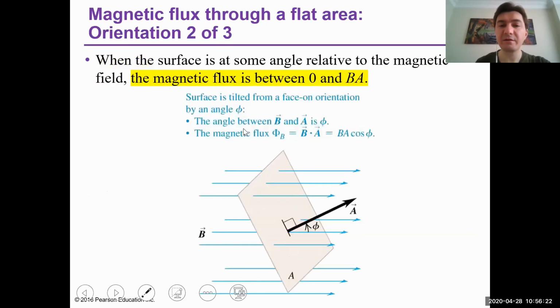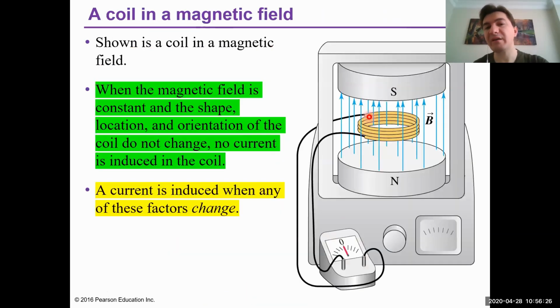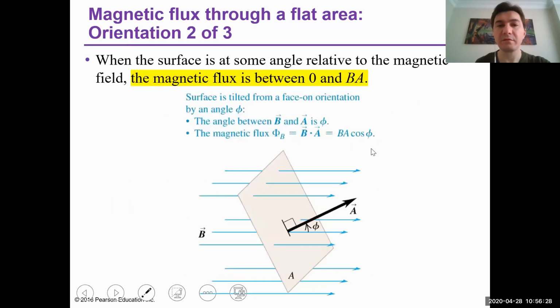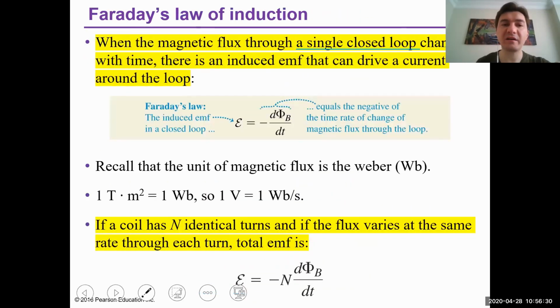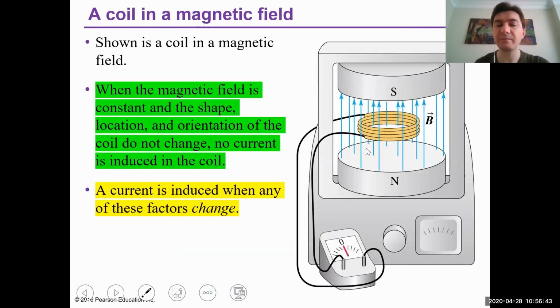So here we have many coils, but this Faraday's law gives the induced EMF in a single closed loop, okay? But what happens if we have many loops like this?